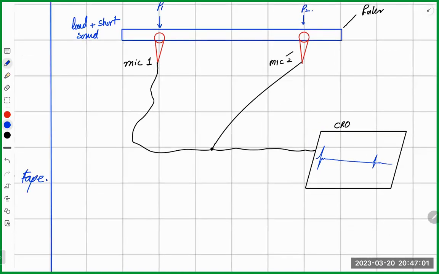So microphone number 1 will send a pulse to the CRO and we will get the first pulse.